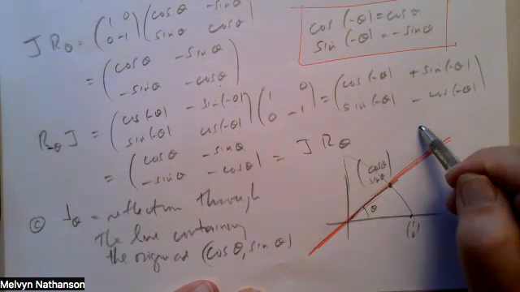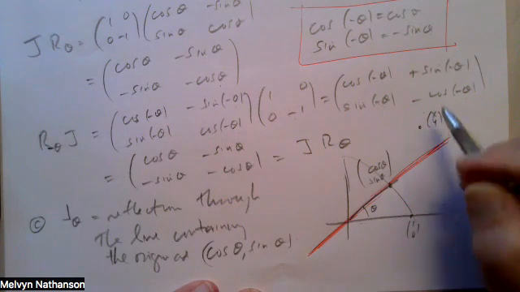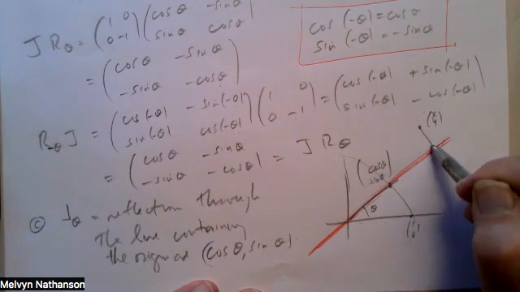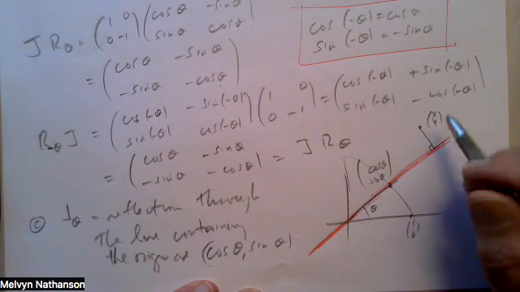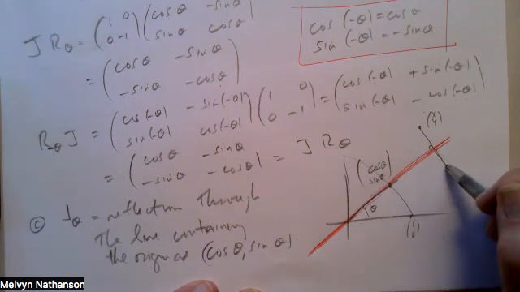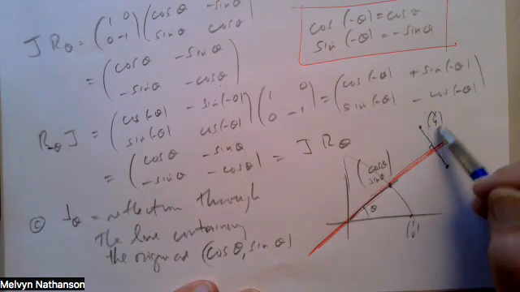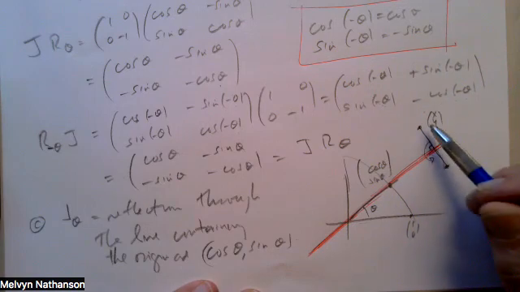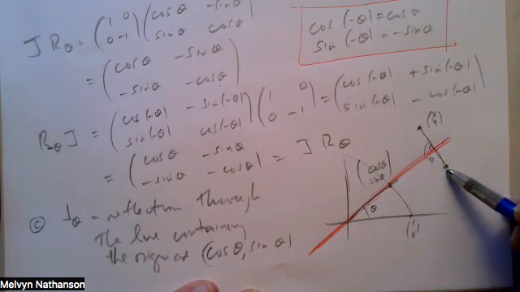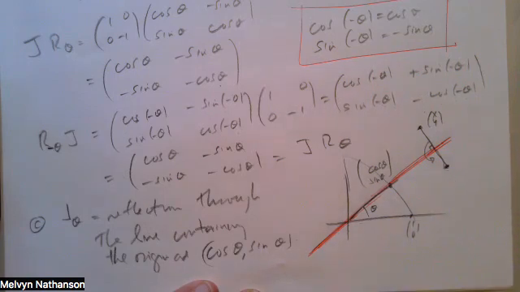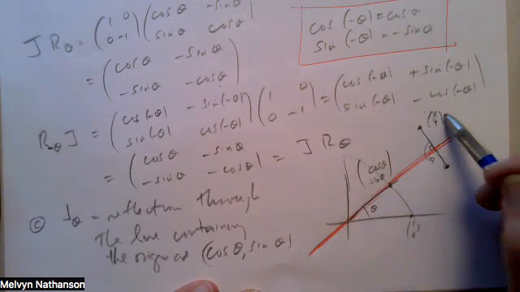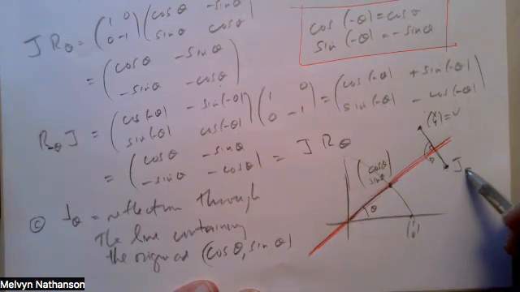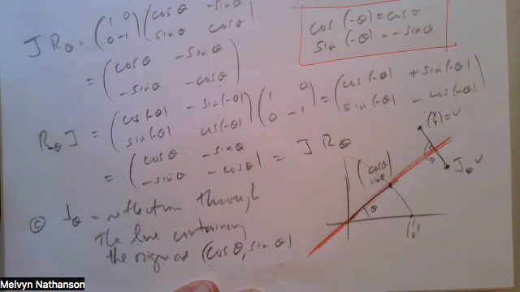That is, if we take a point x, y, you draw the perpendicular to the line, and then you go the same distance on the other side of the line over to here. So this map sends this vector to this vector, you're reflecting this vector through this line that makes an angle theta with the positive x-axis. So if we were to call this vector v, this would be J theta of v.